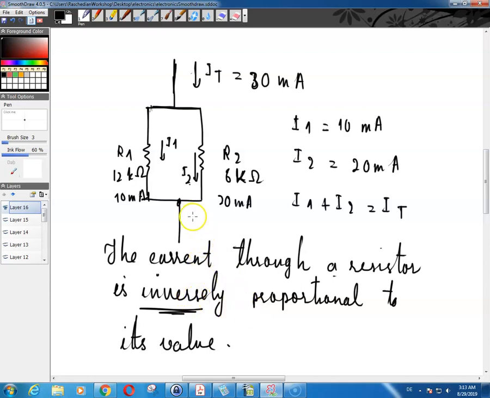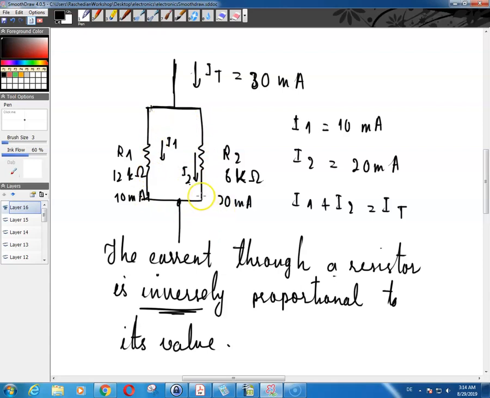So you can say that if one resistor is larger than another in a parallel circuit, the current flowing through the higher value resistor is the smaller of the two, and as you can see here, that is the case. If this resistor is larger than the other, and the two are connected in parallel, the current going through the larger resistor is the smaller of the two currents.